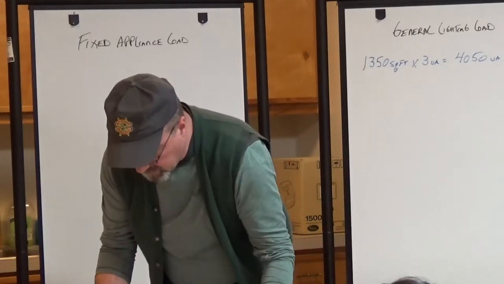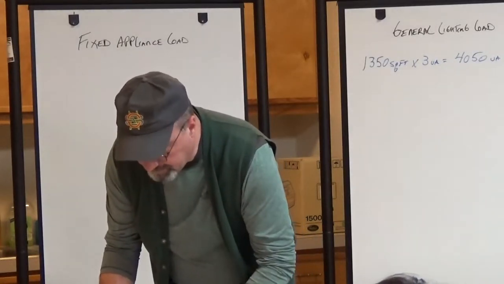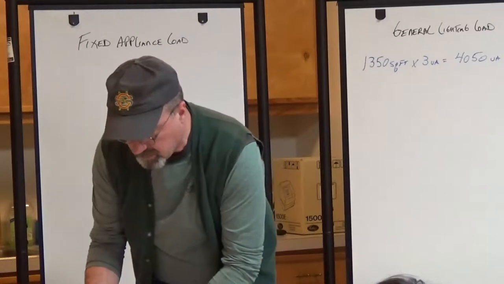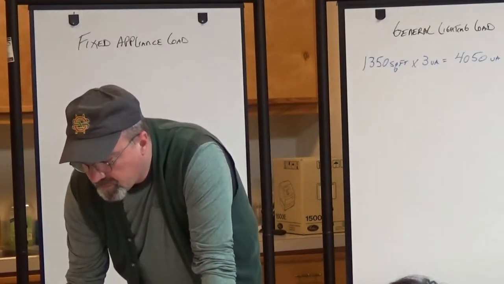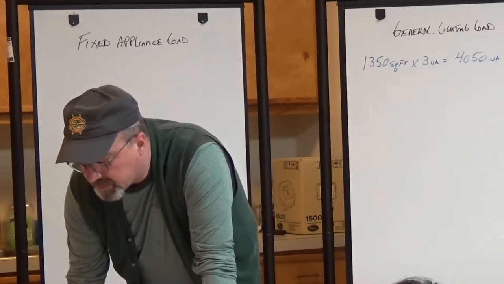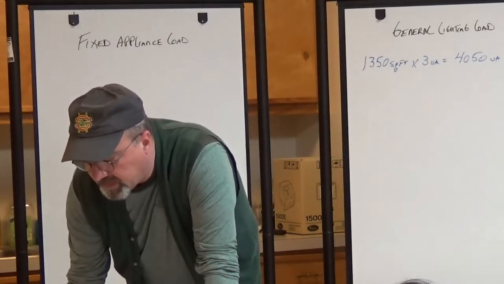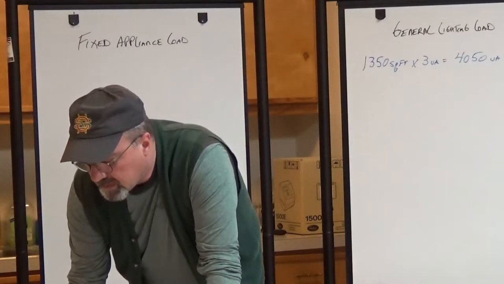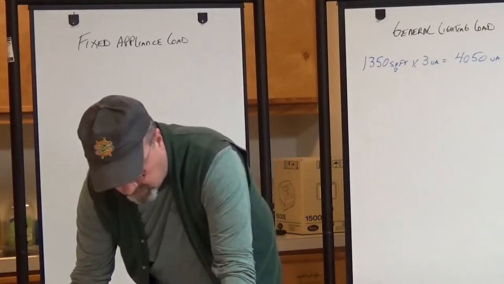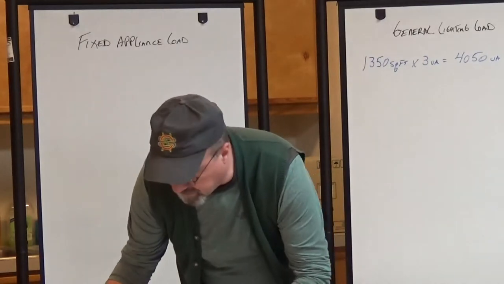All right. So, let me see here. I'm looking for the small appliance branch circuits. We give it a VA rating of 1500 VA each, and I need to go back to see where that was located.